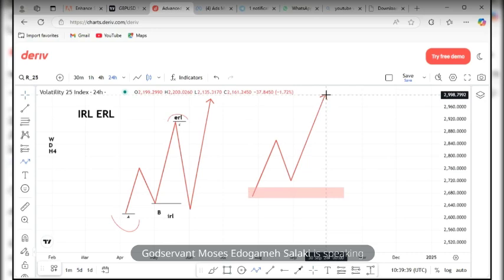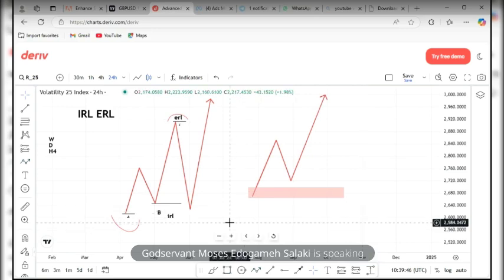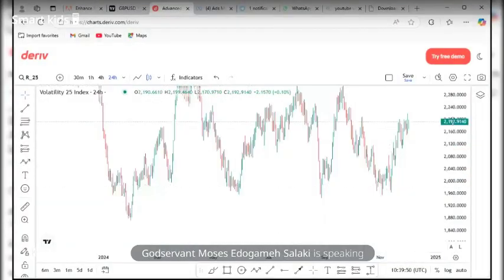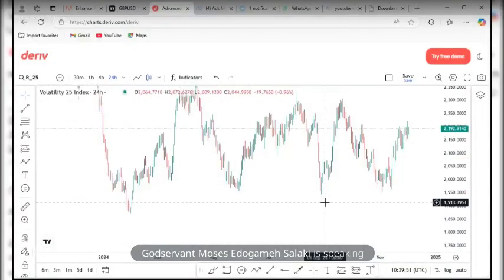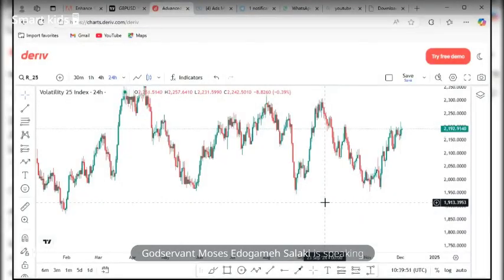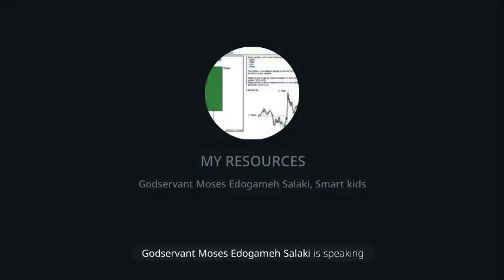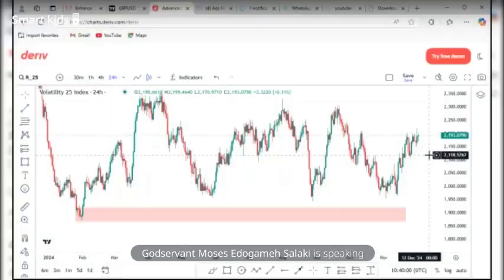range liquidity. So look at what happened on VIX 25. I'll just use this for example of this course. Now look at the weekly idea of VIX 25. We had all of this zone here, all of this zone here. So what was I looking at?